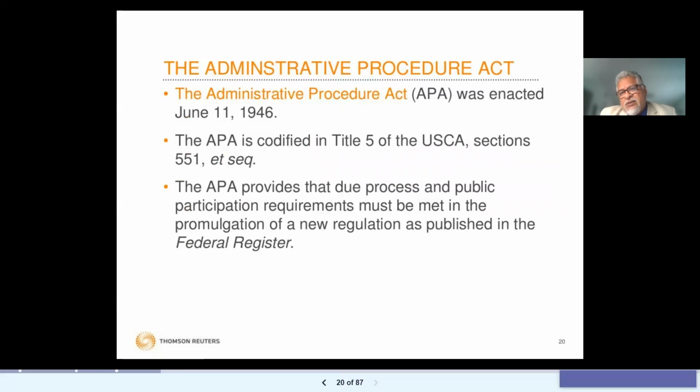The APA is the most important secondary part of the statute because the APA requires specific steps to be taken before a change in a particular regulation, and that includes open public notice so that individuals can comment.